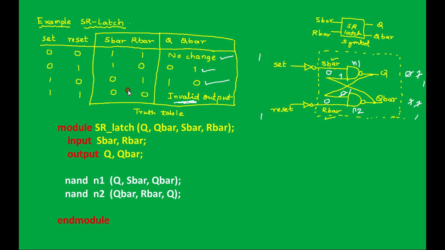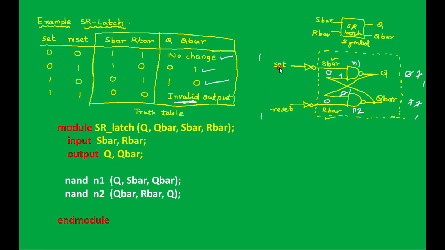If you see the code for the SR latch, it contains outputs Q and Q bar. Q and Q bar we are writing first, followed by S bar and R bar. In your text they have given an example like this, so I readily used S bar and R bar as inputs. From where have we derived S bar and R bar?